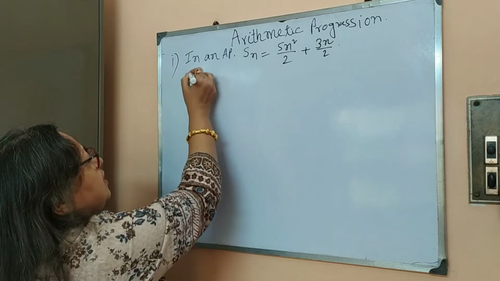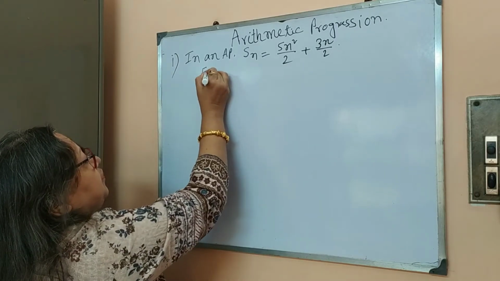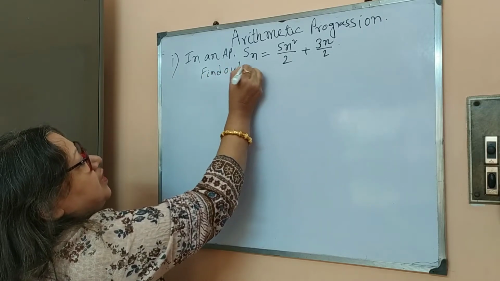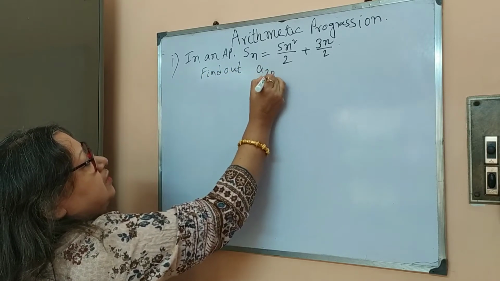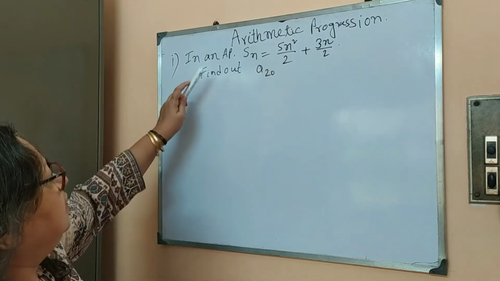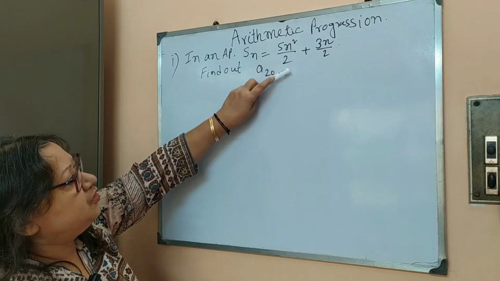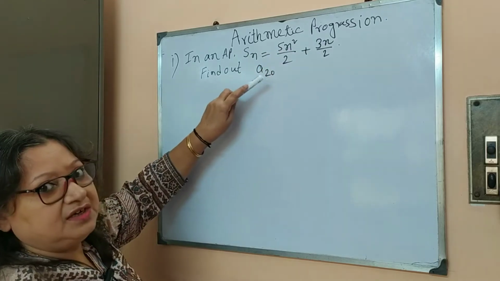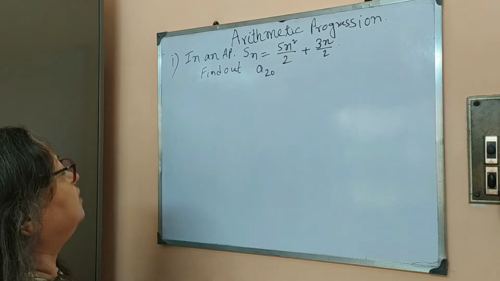Then we have to find out A20, that is the 20th term. Okay. Sn is equal to 5n square by 2 plus 3n by 2. Find out A20, that is the 20th term.